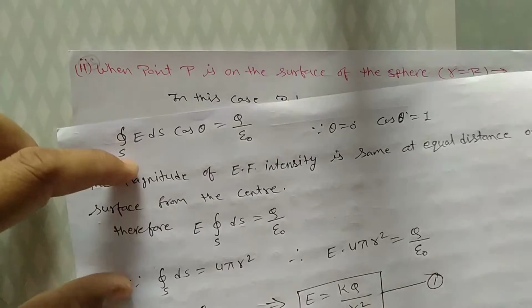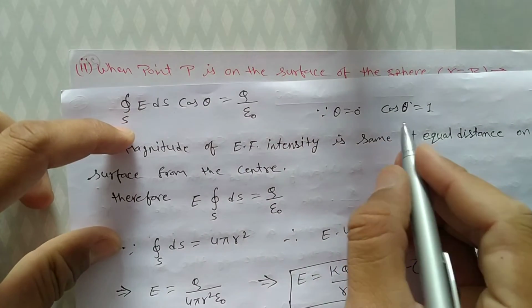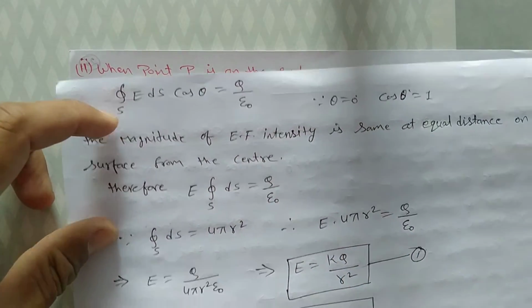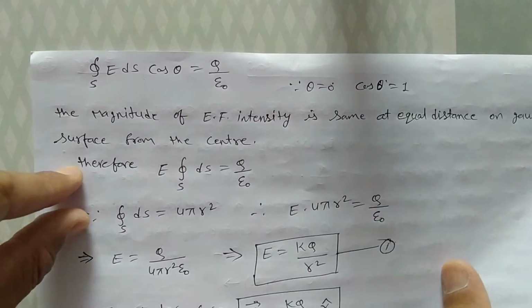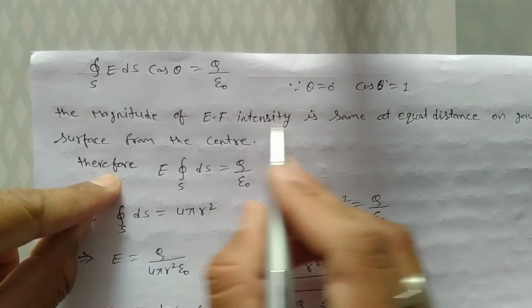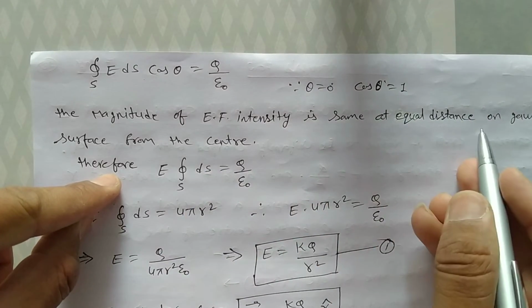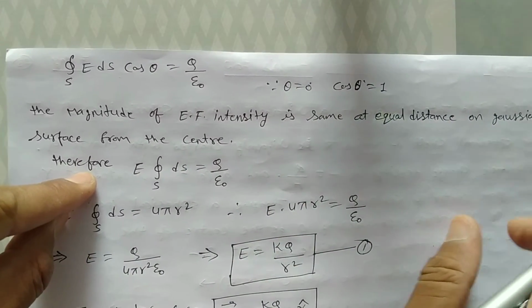So theta is equal to 0, cos 0 is equal to 1. And the magnitude of the electric field intensity is the same at equal distance on the Gaussian surface from the center.